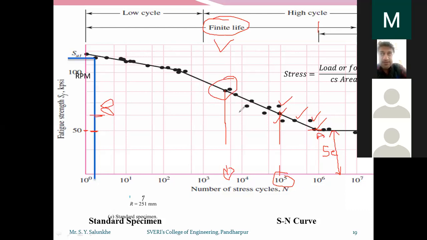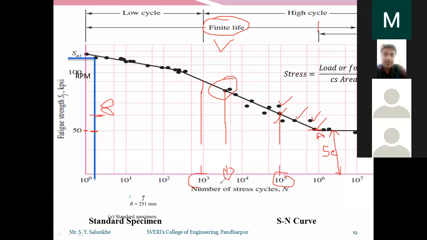So you can inform the user that after this many cycles of application, or this many kilometers, when you use that component in an automobile, for example a crankshaft, when the engine works, that component has to be replaced, otherwise it will fail. You can provide that information well before the failure.